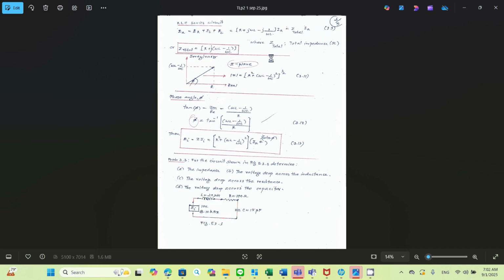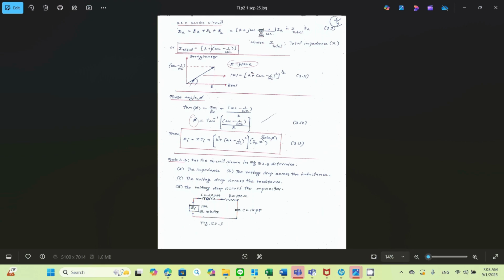Now take a look at the series circuit. You apply KVL, Kirchhoff's voltage law. The source voltage is equal to the voltage drop across the resistor plus the voltage drop across the inductor plus the voltage drop across the capacitor. You add all terms together, and you end up with the real part and the imaginary part.